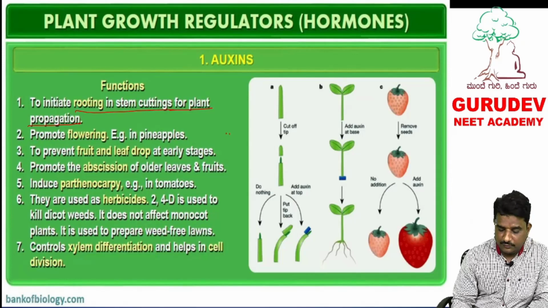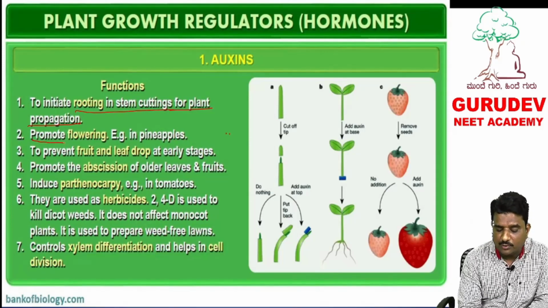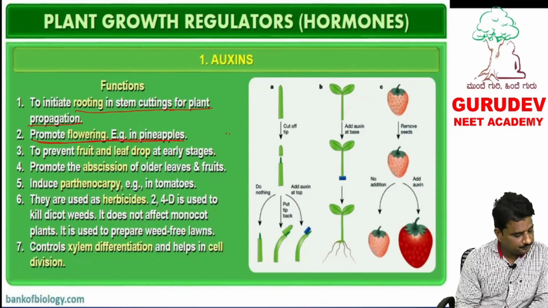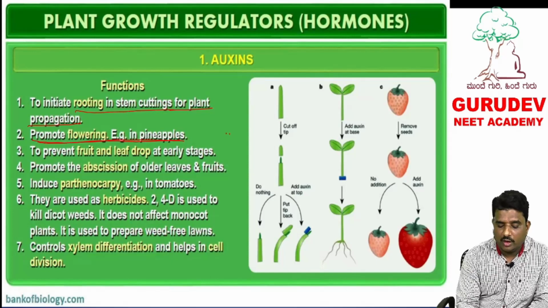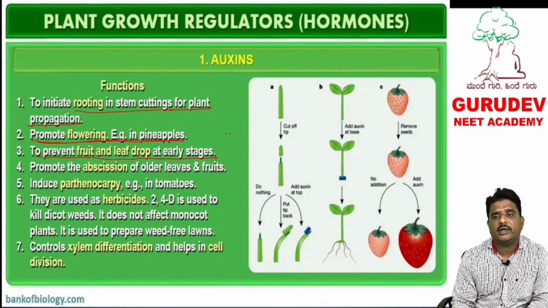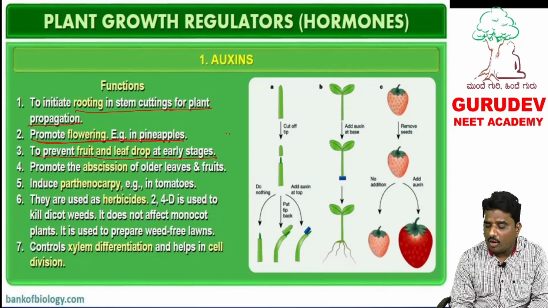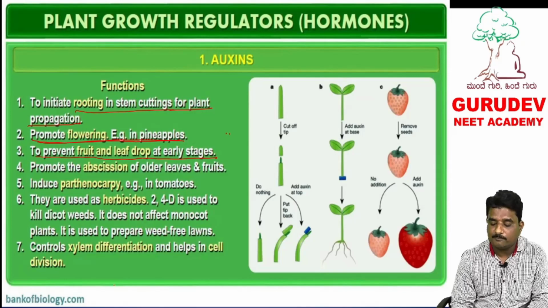In the pineapple plant, the flowering process is promoted by the auxin hormone. To prevent fruit and leaf drop at early stages, leaf drop and fruit drop are prevented by the auxin hormone.